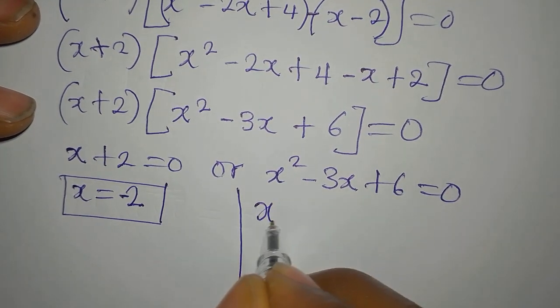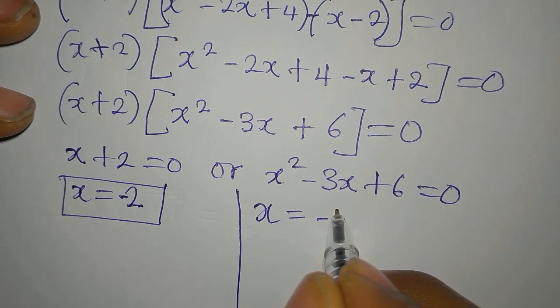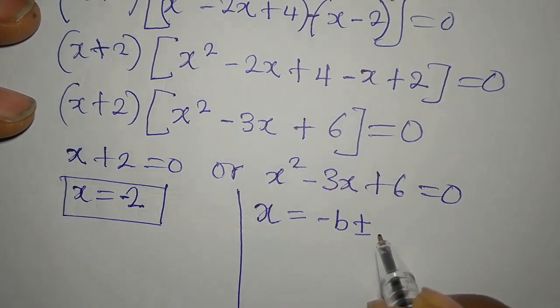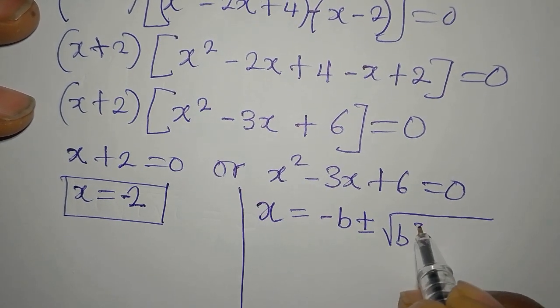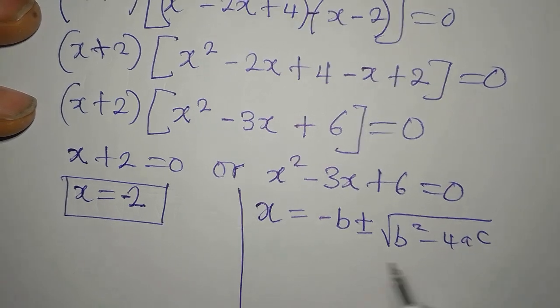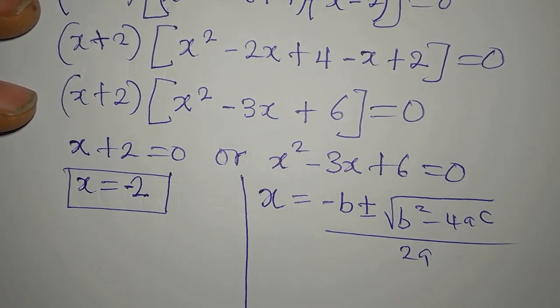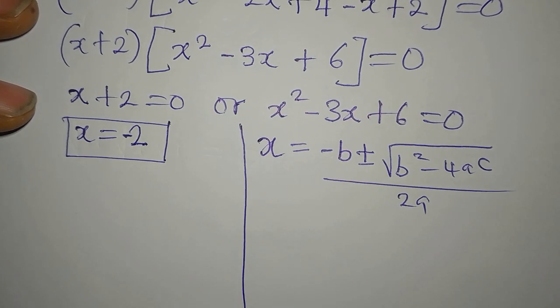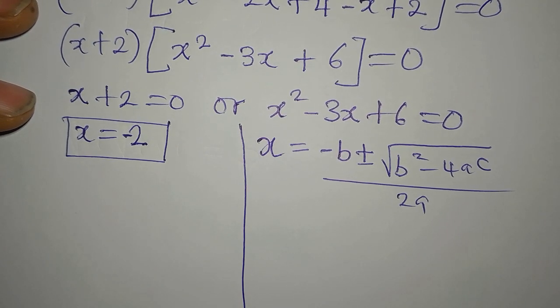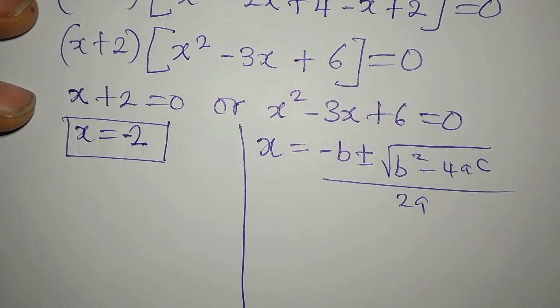The formula is x equals negative b plus or minus square root of b squared minus 4ac all over 2 times a. Right? So from here now, what do we do? We substitute into the formula.